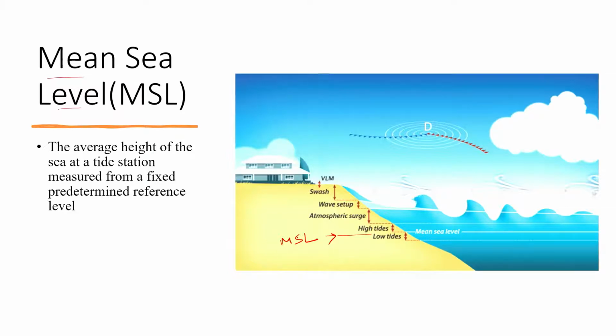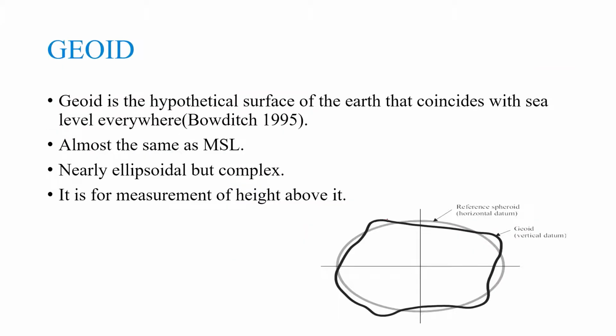Okay. Next, we come to the geoid portion. If you see this image, this is geoid. Actually, Earth is not totally spheroid shaped. There are a lot of ups and downs like this on the Earth's surface. And if we take the Earth's surface picture approximately accurate, then we get this type of surface of Earth. Actually, geoid is the hypothetical surface of the Earth.